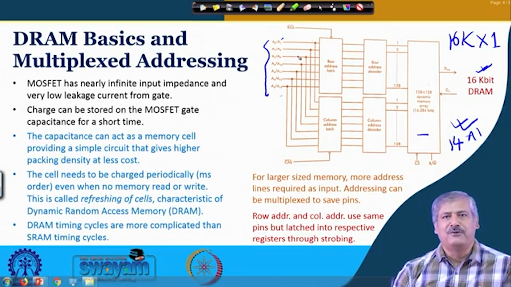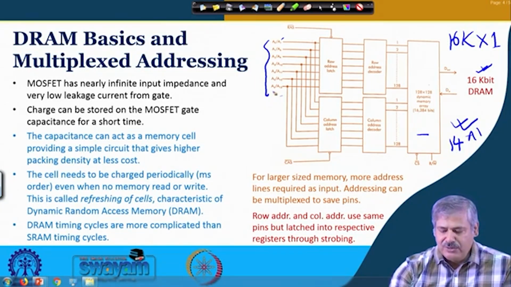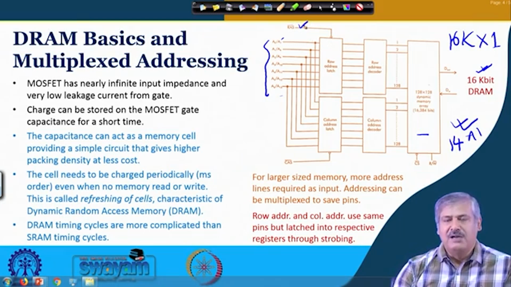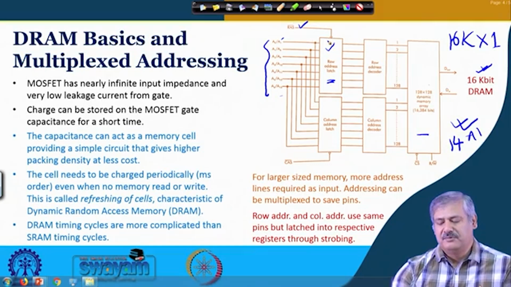We do not have separate 14 address pins, we have only one common set of 7 address pins by which both A0 to A6 and A7 to A13 are sent. So, when you send A0 to A6, if you consider them as a row address, this particular row address select strobe is exercised and that is latched into this particular register.